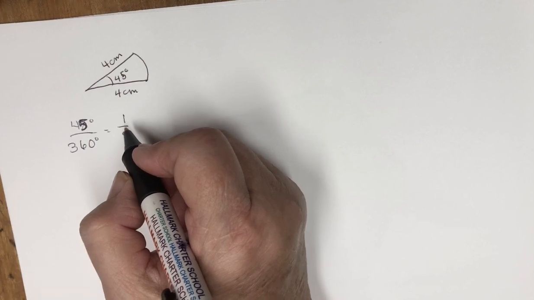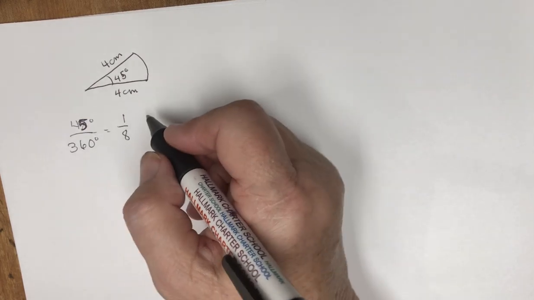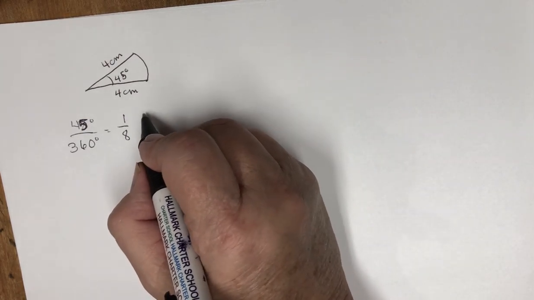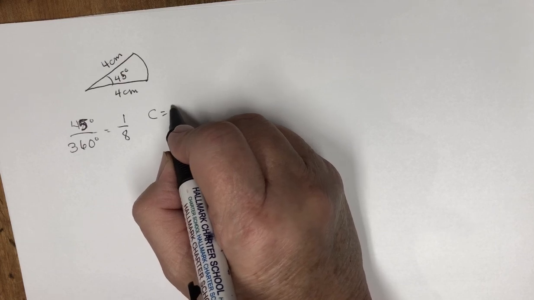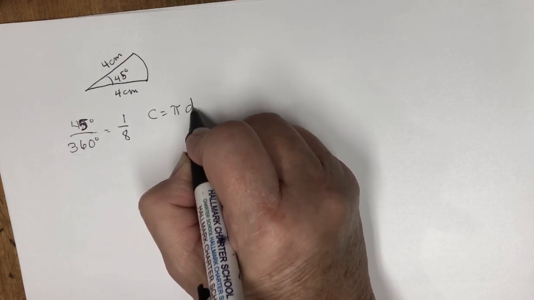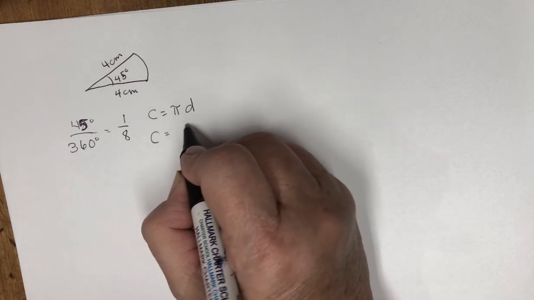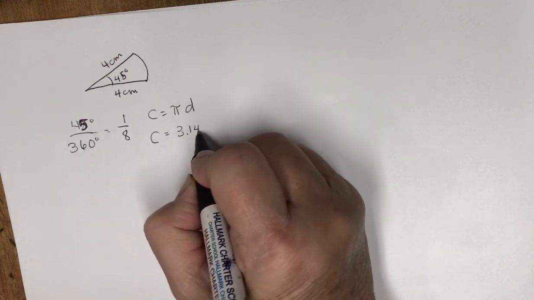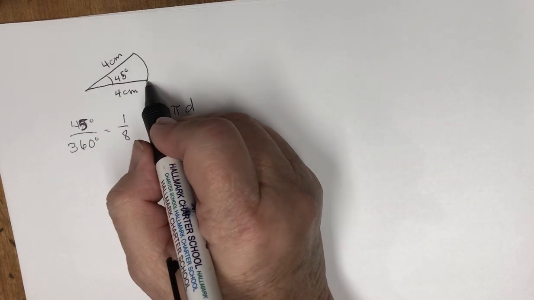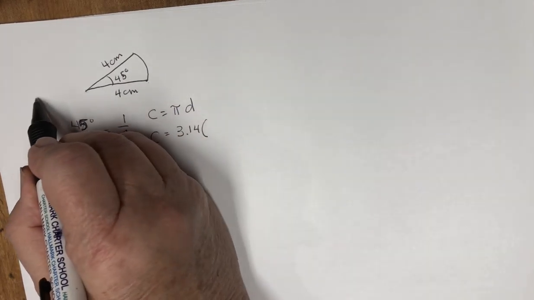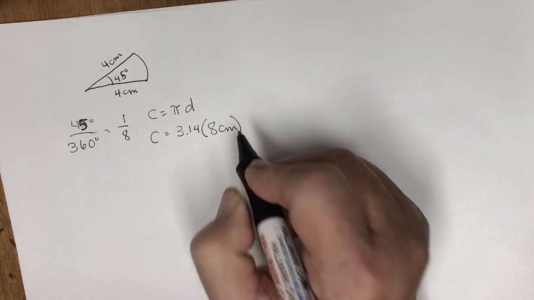And so what we're going to do with this is the circumference equals pi times the diameter. So our circumference is equal to 3.14 times, well, if this is a radius, 4 centimeters, then the diameter is 2 times the radius, so 8 centimeters.